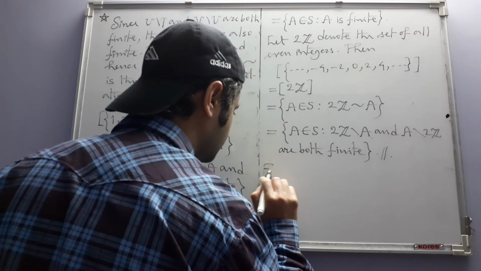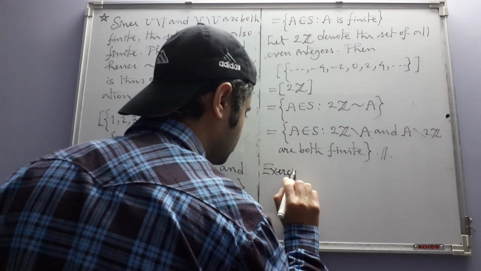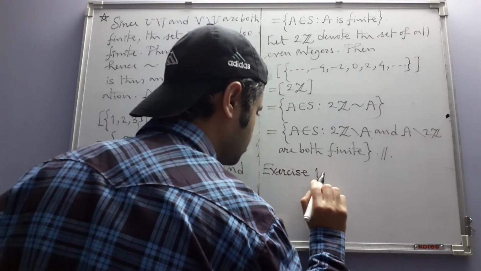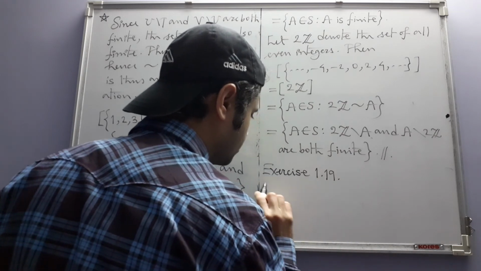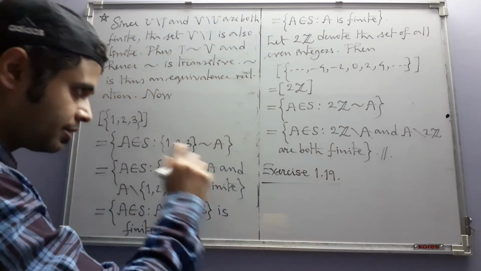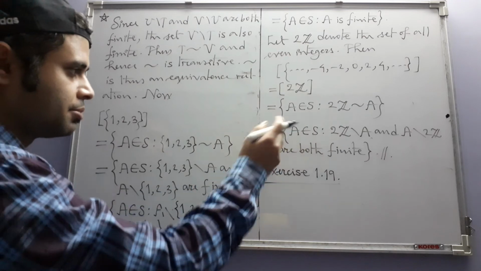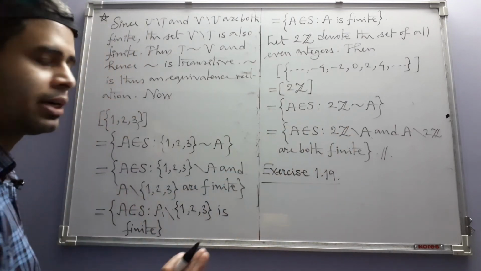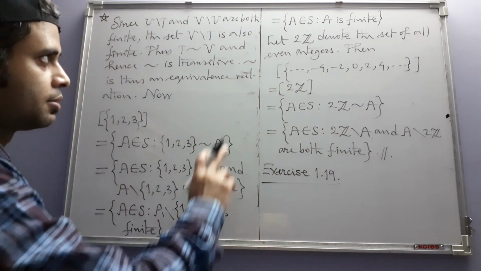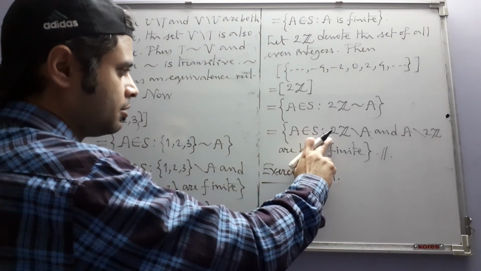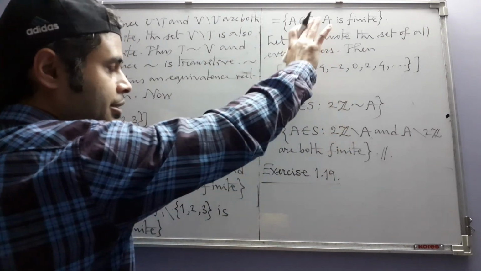Next, one thing that we can see immediately from here is that a will not be finite. So it's not like this at all.